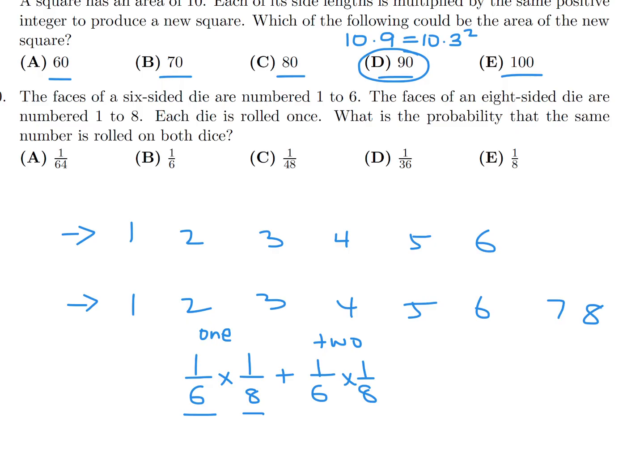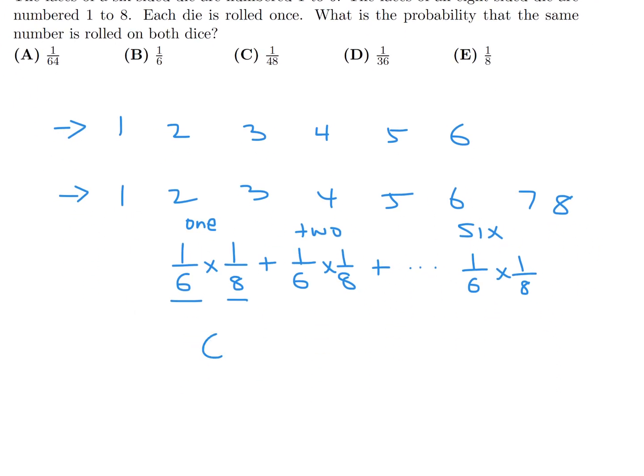And similarly for the 3, 4, 5, and 6. 7 and 8 are never going to happen because there's no 7 and 8 on the first die. So there's going to be these scenarios for 1, 2, 3, 4, 5, 6. So in total, it would basically be 6 of these guys. And that basically is 1 over 8. So 1 over 8 is E.